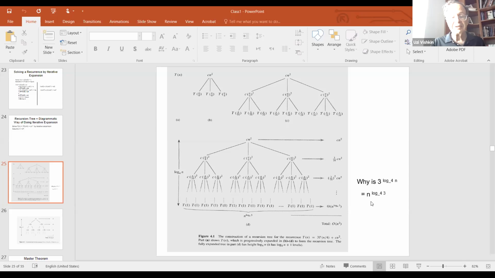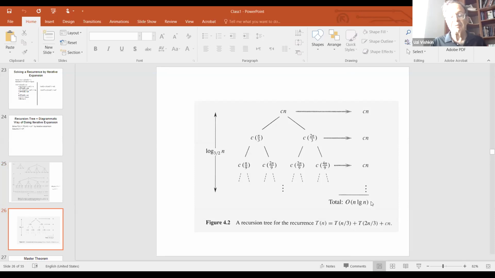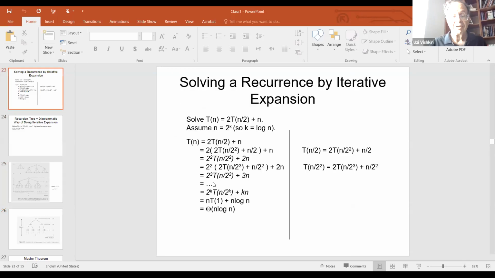And now we are going to extend it into the theorem. Before we do that, we observe that even if we have a situation where you have a recurrence of the form T of n equals T of n over 3 plus T of 2/3 of n plus c of n, then we are basically in the same situation as this one. Because when we start expanding the recurrence, we are still going to get a linear term at each level of the recurrence.